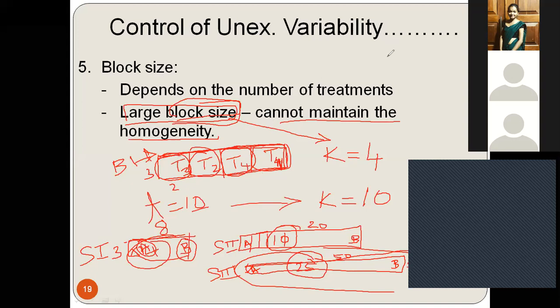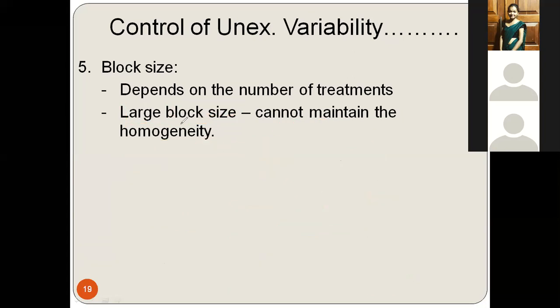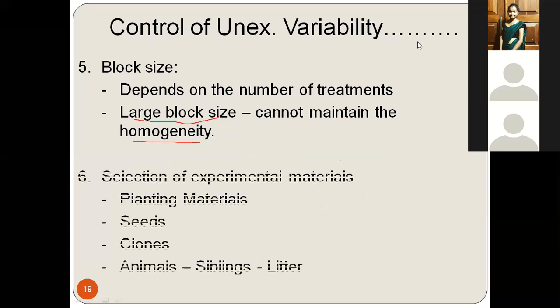So a large block size will have more variability, so we cannot have homogeneity. Then we have a problem. So we have to decide what to plan for the experimental design.